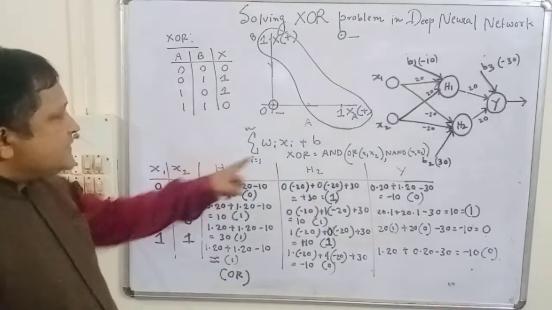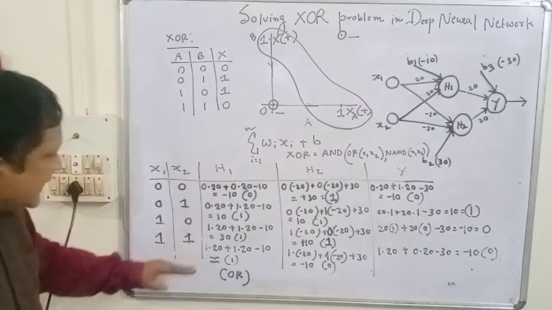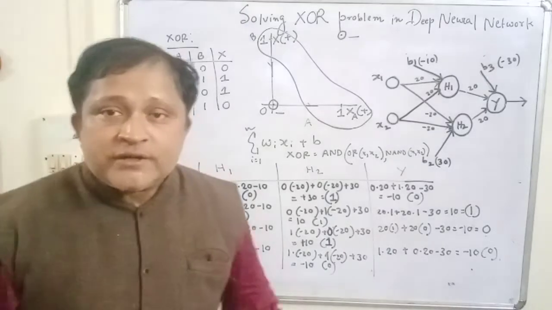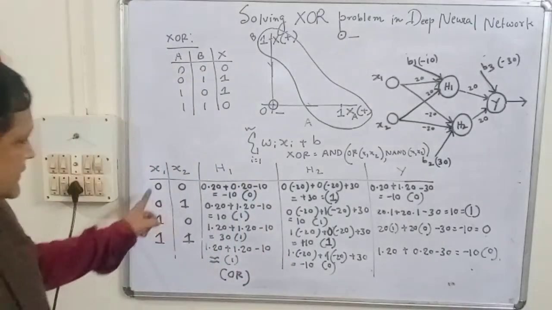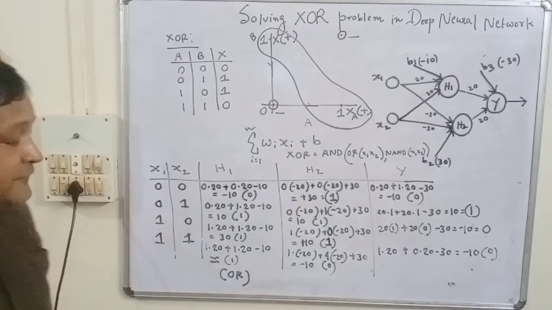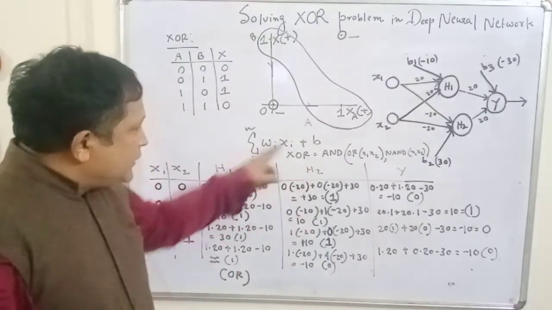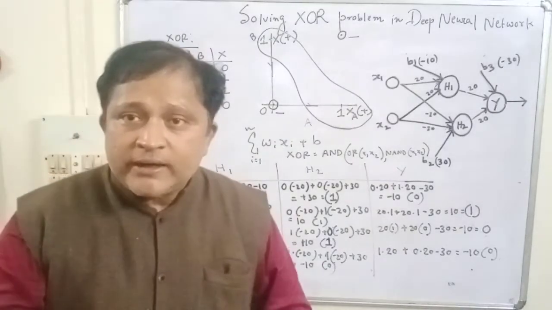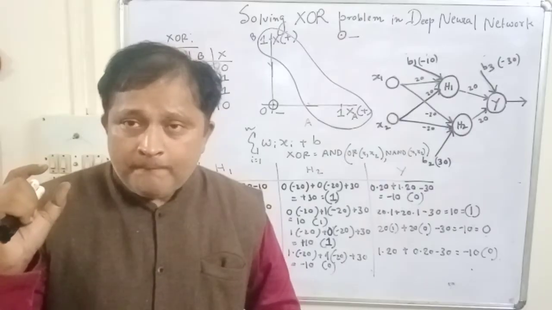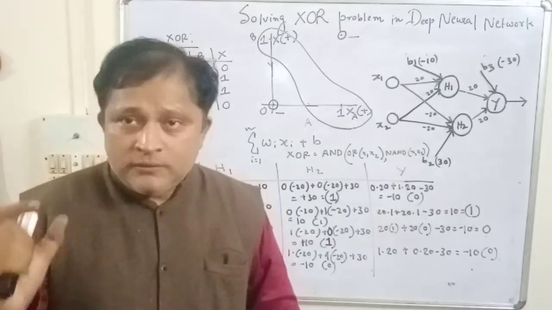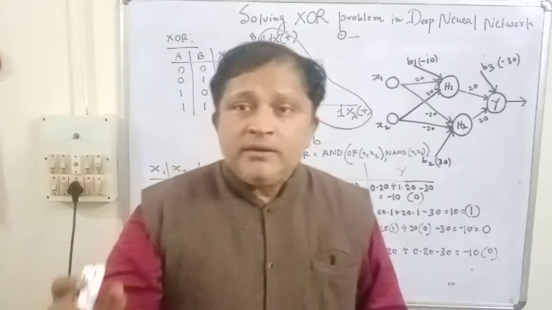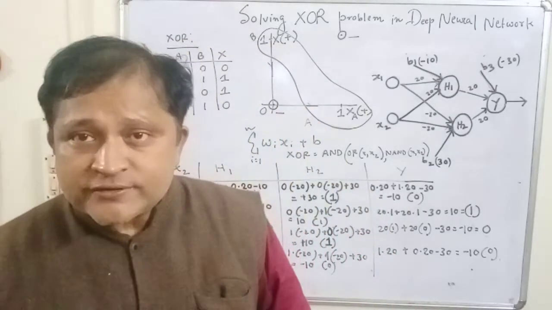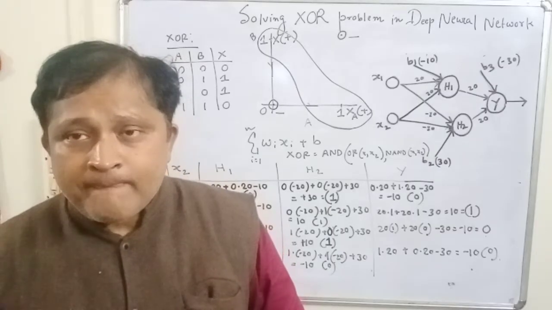So following that formula, we have derived these with the help of different values of x1 and x2, the different combinations of x1 and x2: 0, 0; 0, 1; 1, 0; 1, 1. These four combinations. Following this formula, we have found the results. Keep in mind, in neural network analysis, a positive output can be represented by 1 and a negative output can be represented by 0, or vice versa.